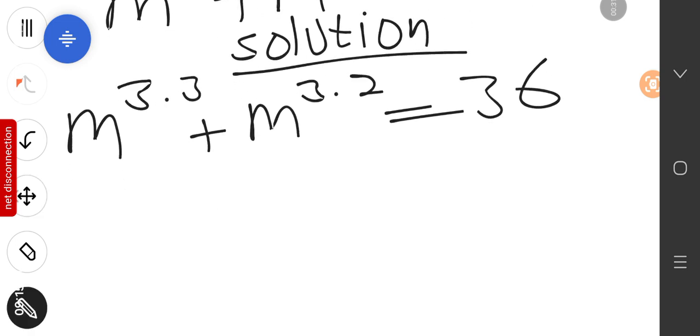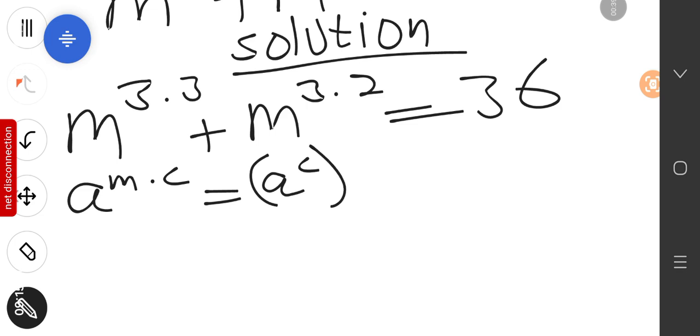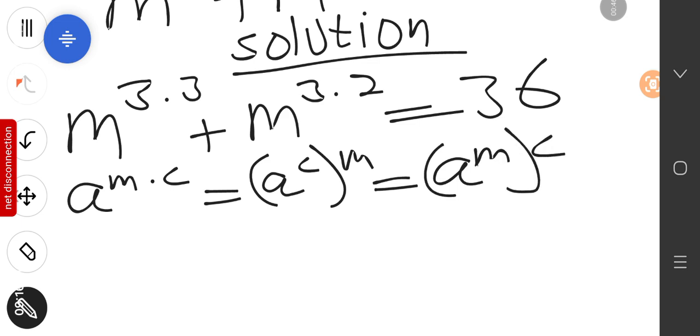We know that a exponent m times c equals a exponent c, exponent m, or a exponent m, exponent c.